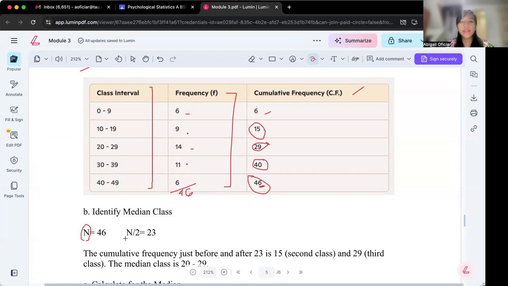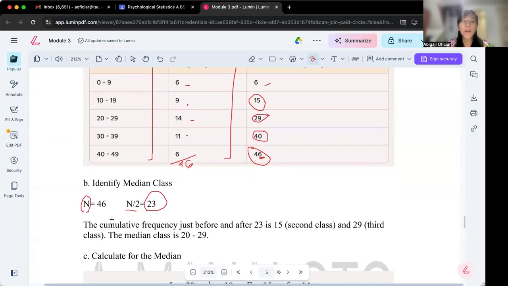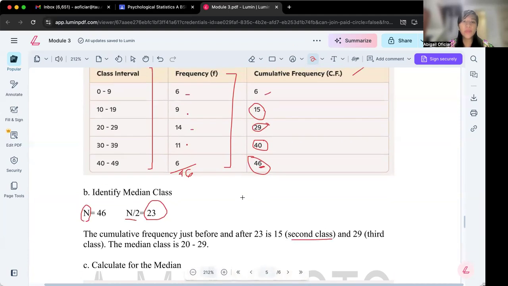Now, kailangan daw makuha natin yung N over 2. So N, which is 46, divided by 2, is 23. After you get that, the cumulative frequency just before and after 23 is 15, which is the second class, and 29, the third class. So 23 ngayon, yung nakita natin. In this interval, saan papasok ang 23?